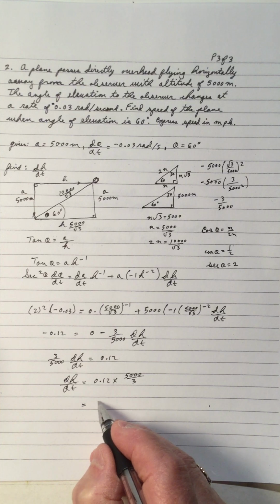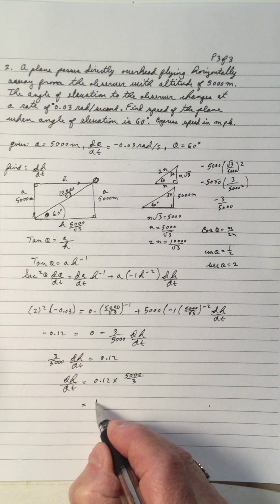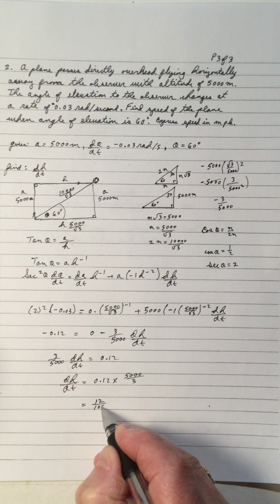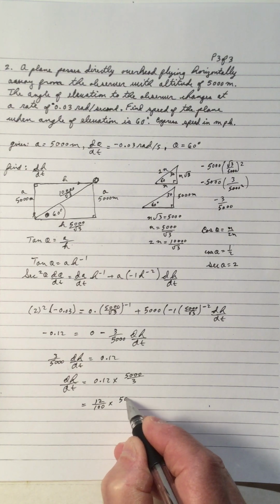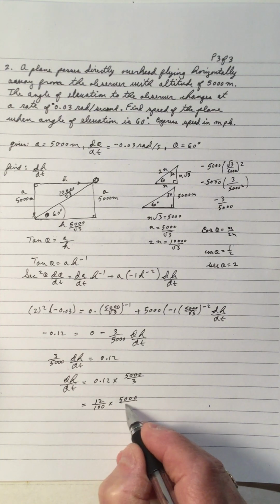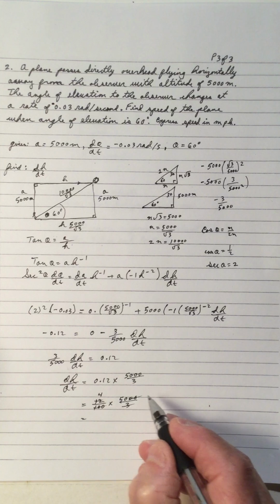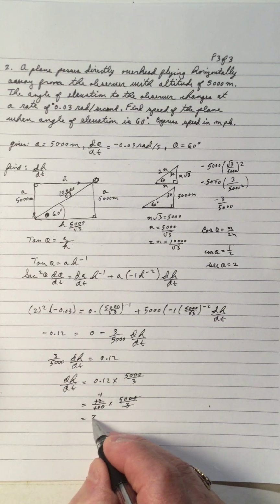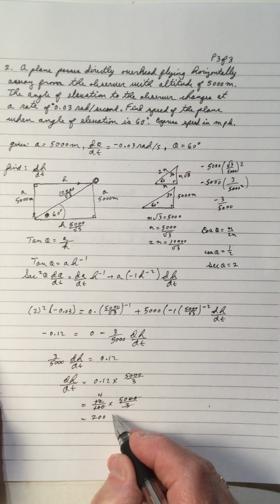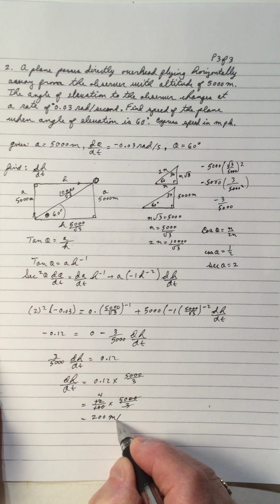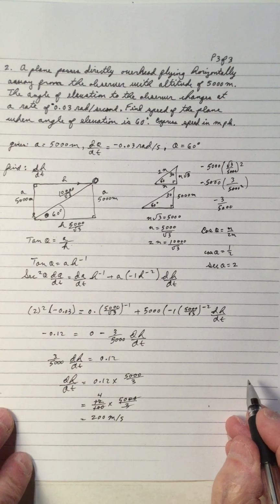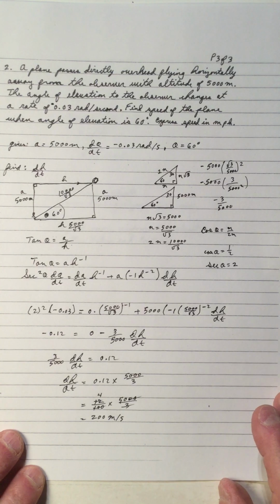And that's decimal 12 is 12 over 100 times 5,000 over 3. 3 into 12 goes 4. Hundreds cancel. And I get 4 times 50 is 200. So that's 200 meters per second. That's the speed of the plane.